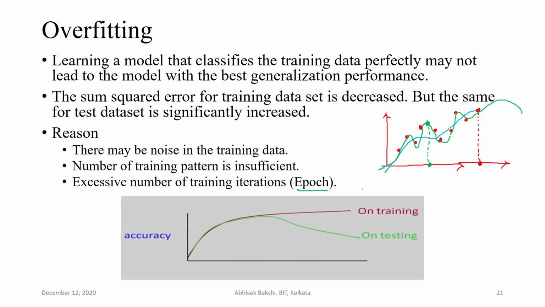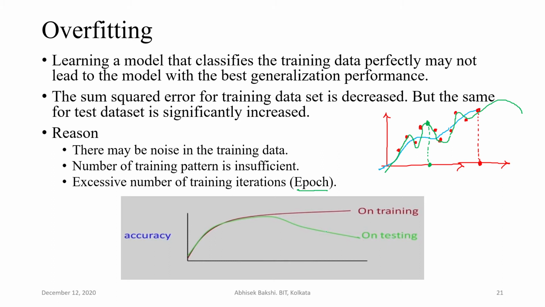So this one set is called an epoch. If there is a very large number of epochs, then in some situations we can find overfitting, and the graph of overfitting looks something like this. On training, the accuracy keeps increasing after some point of time, but on testing it decreases. This is what overfitting is.